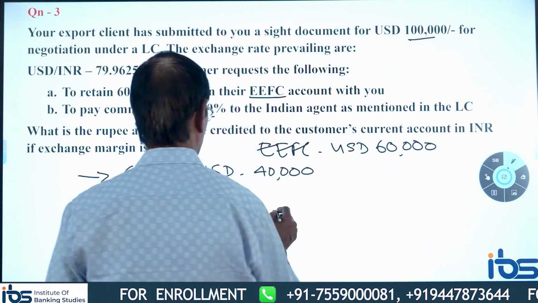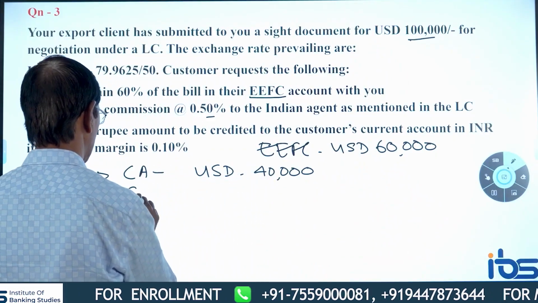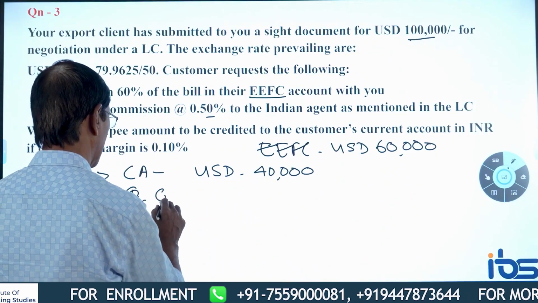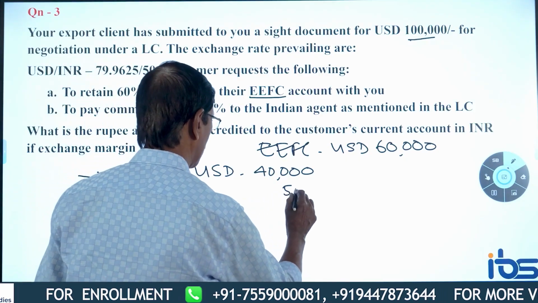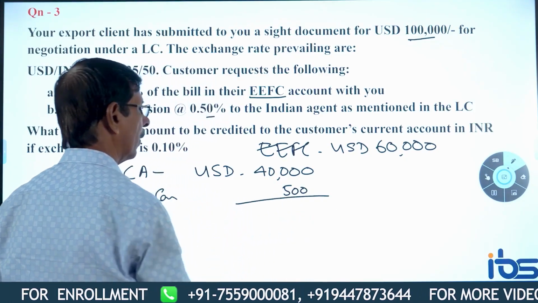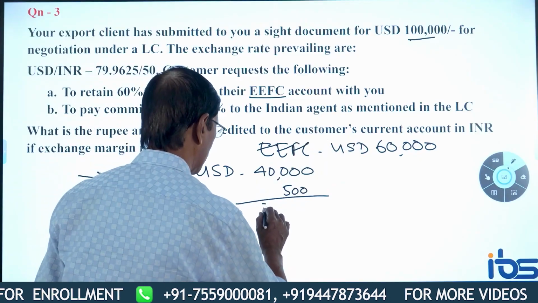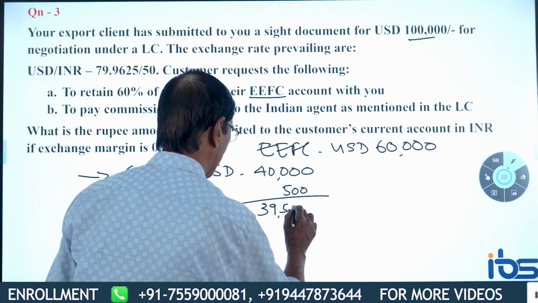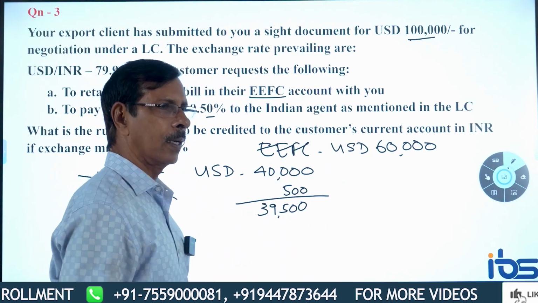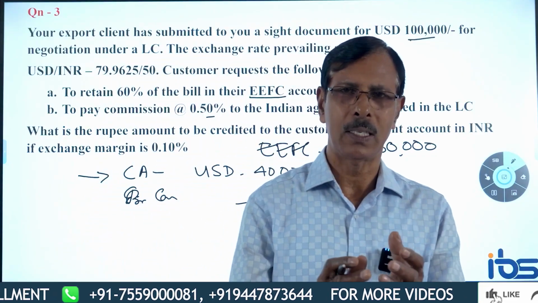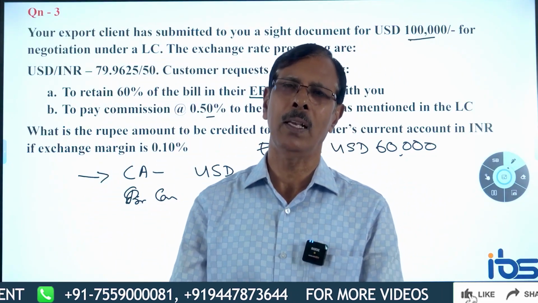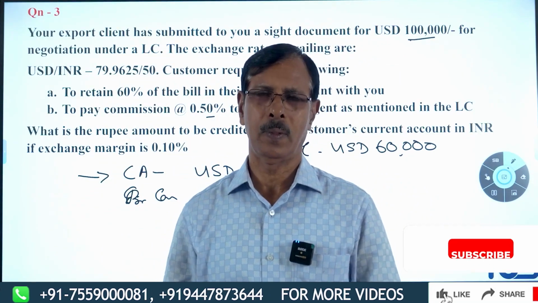Therefore the broker's commission is USD 500. This 500 will go to the broker. So actually 39,500 is the amount which the customer will be receiving in the current account.